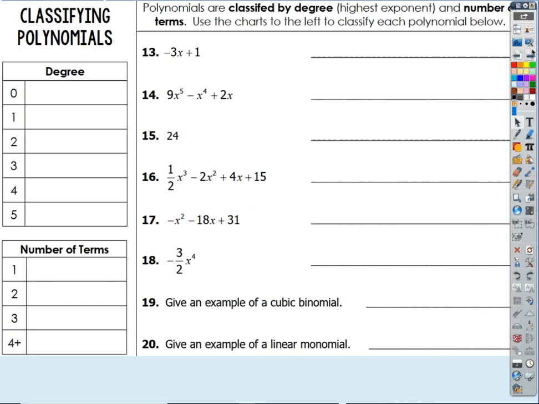When we classify polynomials, think about other things you've classified in math. You classified, for example, quadrilaterals in geometry, right? How would you classify quadrilaterals? Give me an example. If we were going to talk about quadrilaterals, what could you do? If you had 2 sets of parallel sides, what kind of quadrilateral is that?